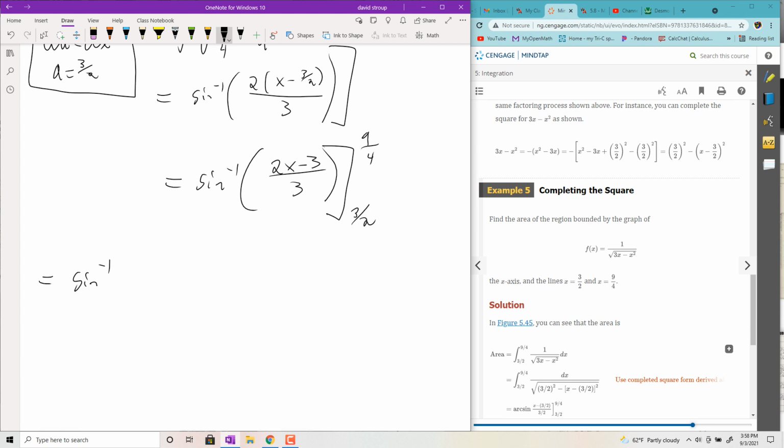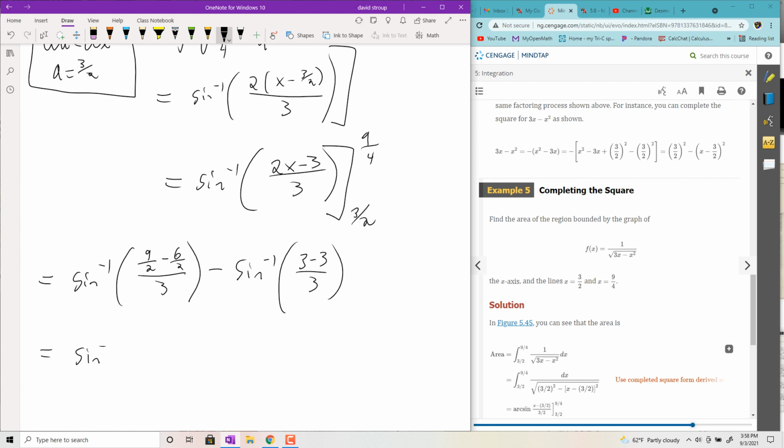Anyway, sine inverse of 2 times 9/4 is really 9/2, and then minus 3 is really 6/2 all over 3, minus sine inverse of 2 times 3 halves is really 3 minus 3 all over 3, so that would be 0.